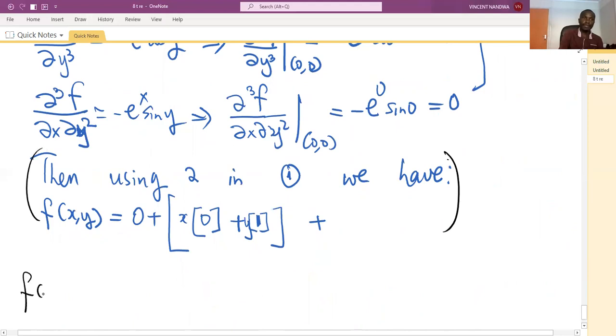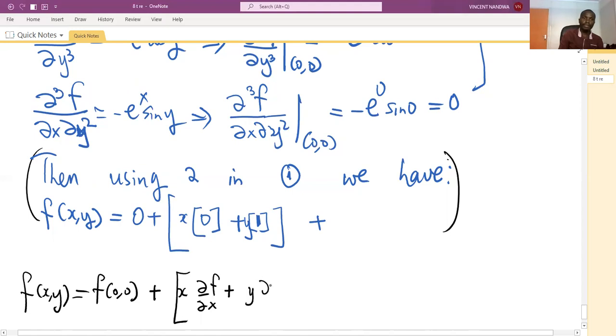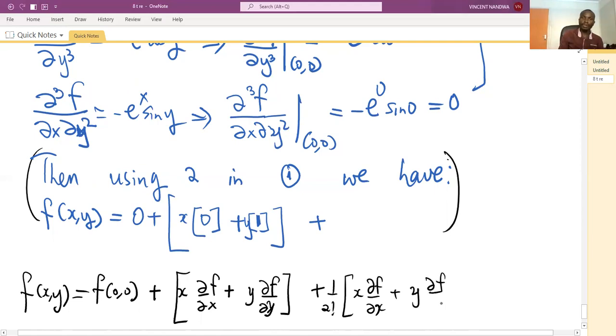So say we have f of x, y equals f of 0, 0 plus x partial f partial x, and then plus y partial f partial y, and then plus 1 over 2 factorial, x partial f partial x plus y partial f partial y, all squared, and then plus.